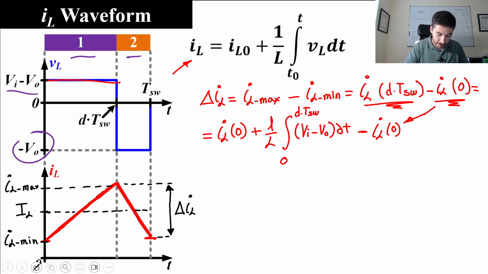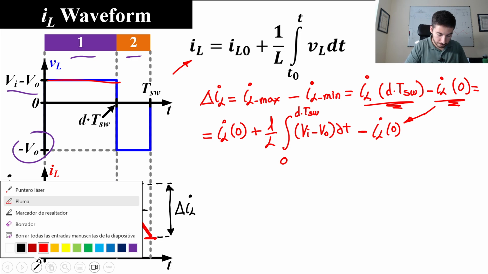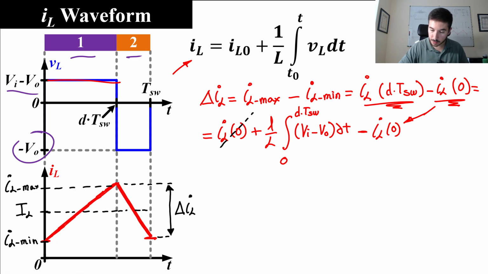So in this way I can simplify the expression, and now I only have to do the integral. The answer is 1 over the inductance times Vi minus Vo times the switch.